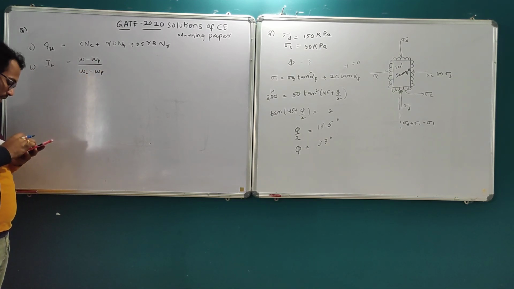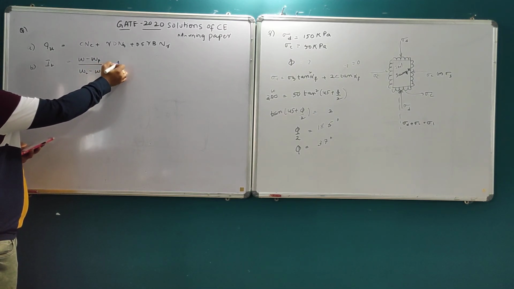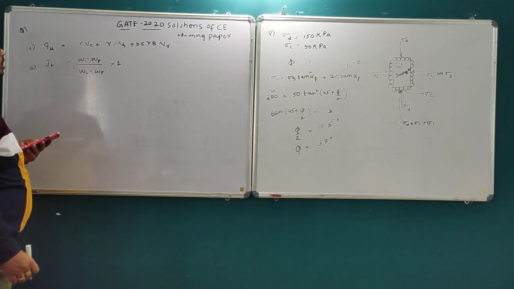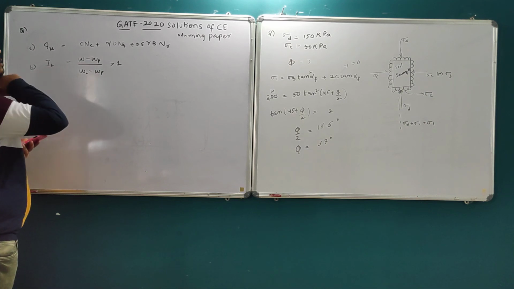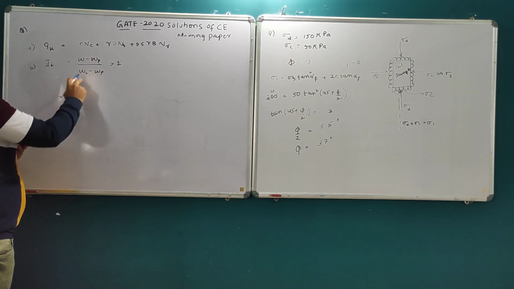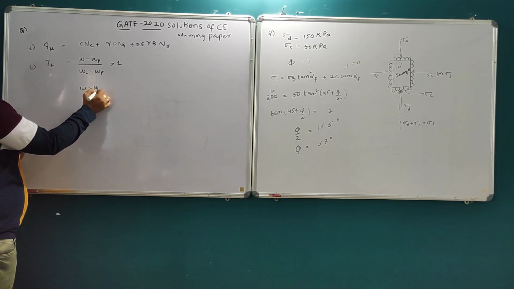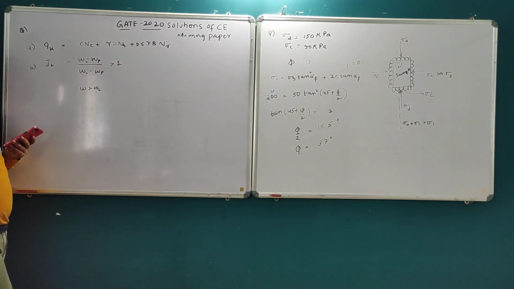What is it saying? The liquidity index greater than unity. So this is greater than 1. He is saying that liquidity index is greater than 1. So how can it be greater than 1? When W is greater than WL, isn't it? See, if W is equal to WL, then it is 1. When W is greater than WL, then it will be greater than 1.